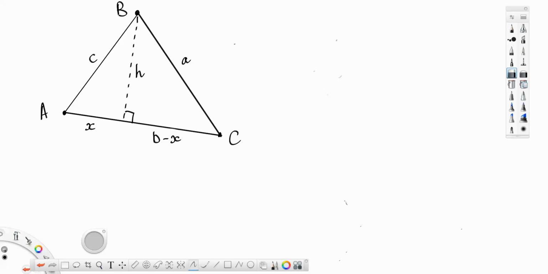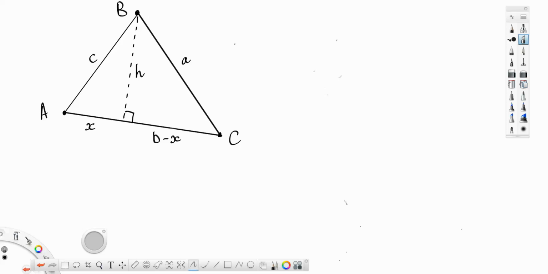Okay, so let's start. Now, the cosine rule uses Pythagoras' theorem. Remember, Pythagoras' theorem says that the hypotenuse squared is equal to the sum of the squares of the other two sides. So we're going to do the same sort of approach as we did with the sine rule.